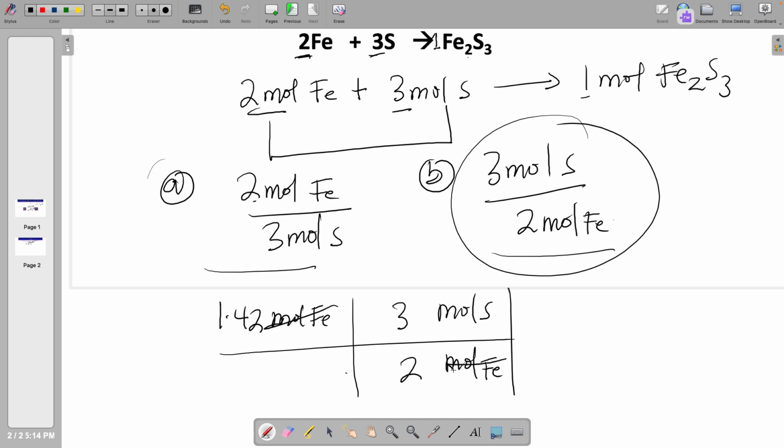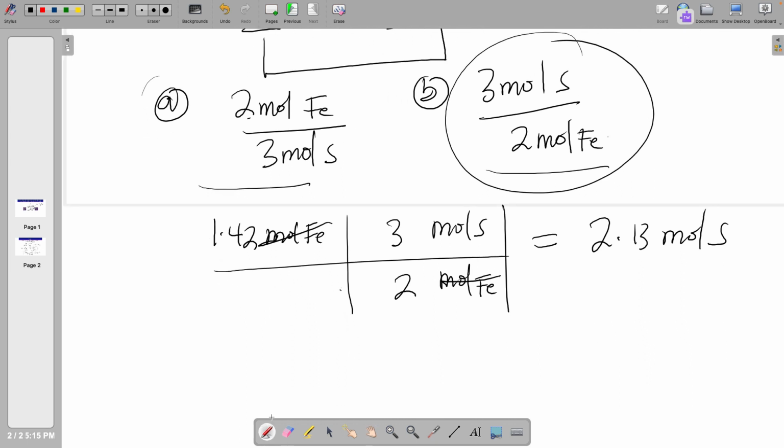So what we are left with is just moles of sulfur. We multiply 1.42 by 3 divided by 2. And once we do, we'll get 2.13 moles of sulfur. So this 2.13 moles of sulfur will react with the 1.42 moles of iron.